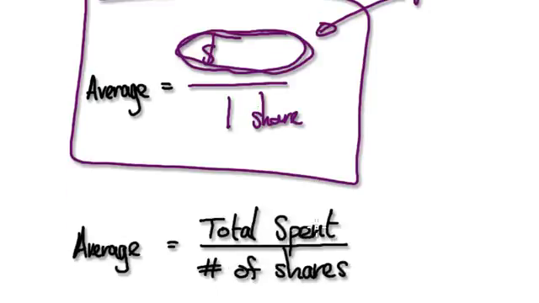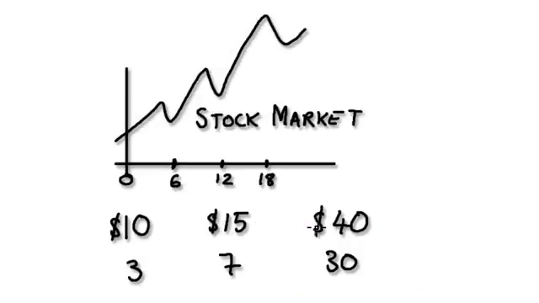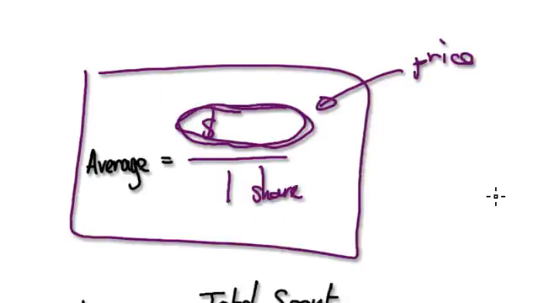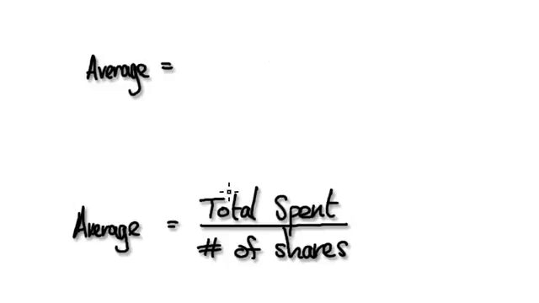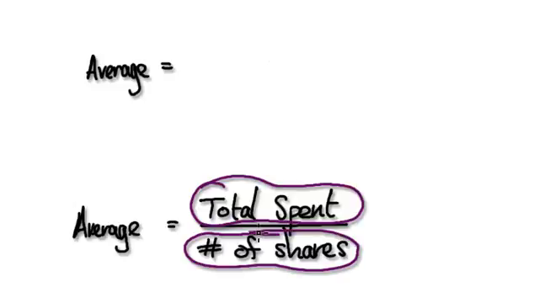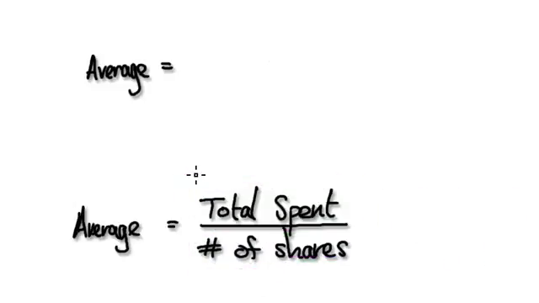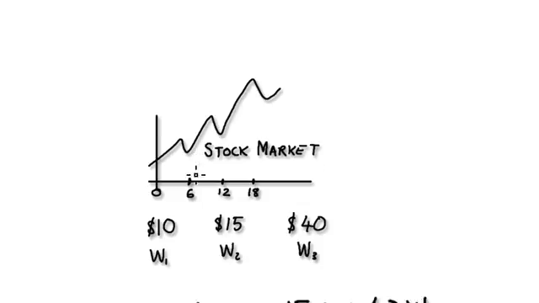Looking back here, the average price would be the total amount that you paid for all the shares, divided by the number of shares. That will then give you an amount in dollars for one share. So the average price would be the total amount spent divided by the number of shares.